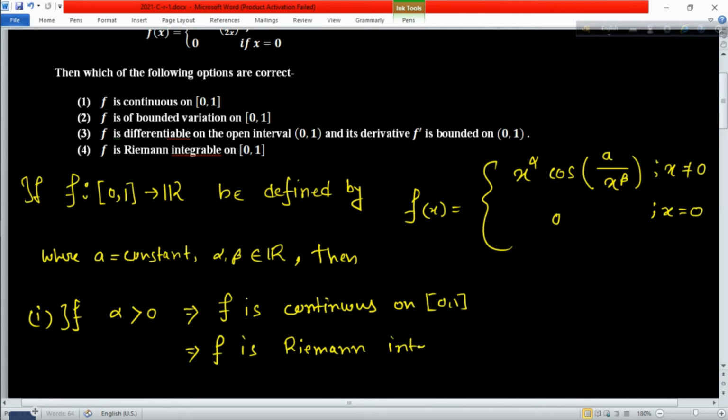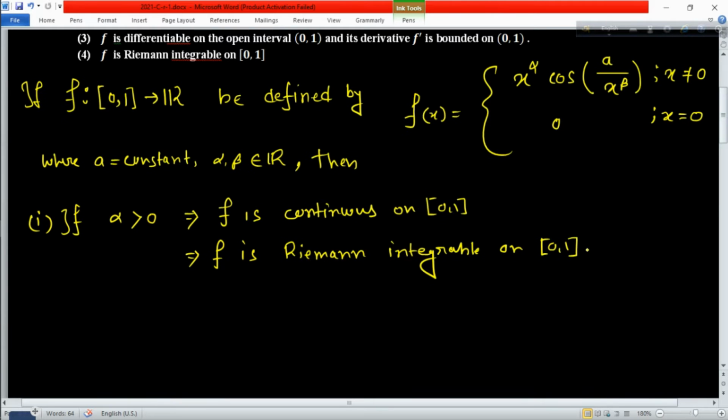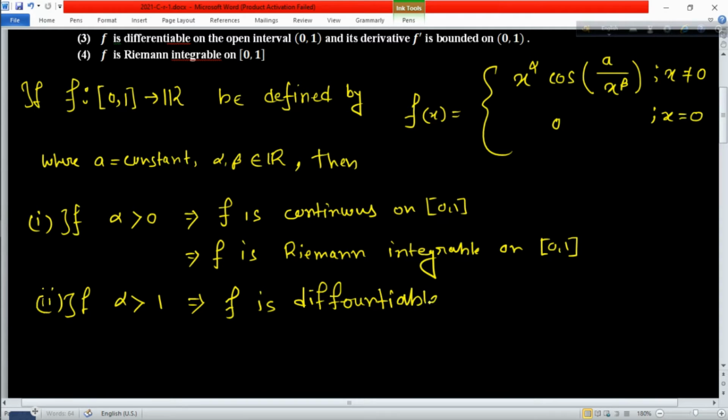The next result is, if alpha is greater than 1, this implies f is differentiable at x equals to 0.